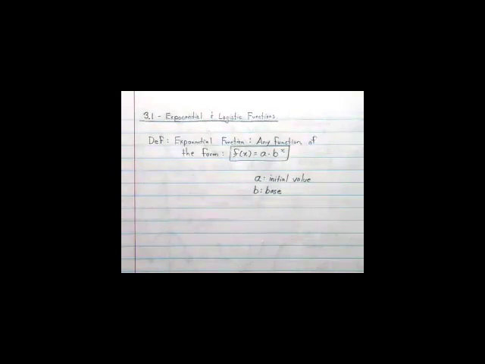Okay, so one thing that you guys are going to be asked to do is to identify if you have an exponential function or not, and if so, what's the initial value, what's the base, that sort of thing.